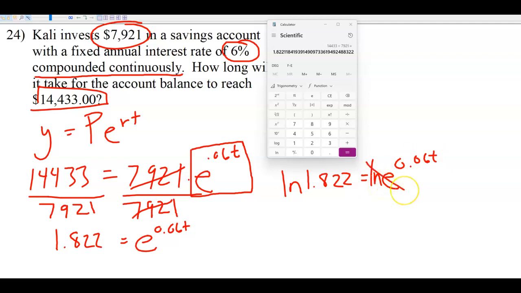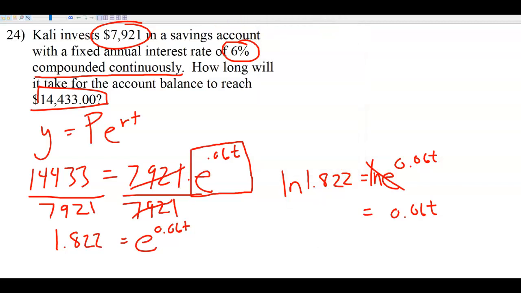And on the right side, the ln and E cancel, so I'm left with 0.06t. And on the left side, typically we would have to do change of base, but since this is ln, that's actually right on my calculator, so I could just type it in and have my calculator do that for me. 1.822 natural log is 0.59999, which means it's basically 0.6, if you rounded it.